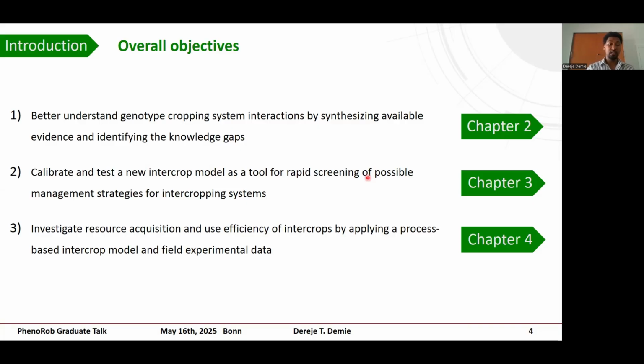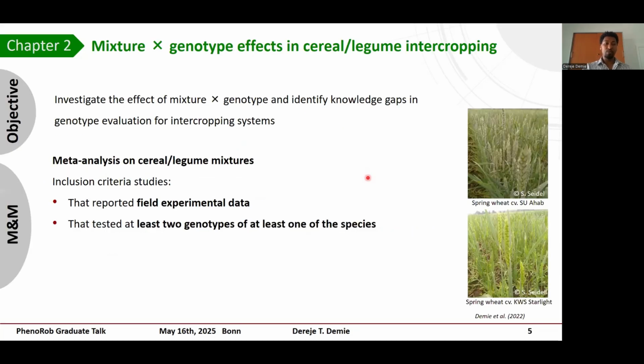Secondly, it's to test a new intercrop model as a tool for rapid screening of possible management strategies for intercropping systems. And thirdly, to apply this model to investigate resource acquisition and use efficiency in intercropping in combination with field experiment data. Let's see one by one.